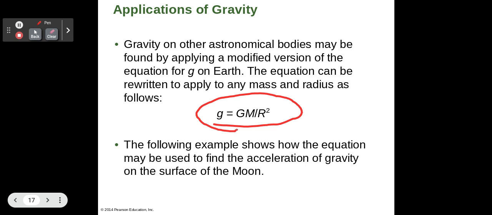With those three things, we can find the acceleration due to gravity on the surface of any object. So we know the acceleration due to gravity on the surface of the moon. We could find the acceleration due to gravity on the surface of Mars or wherever, if we know the mass and the radius.